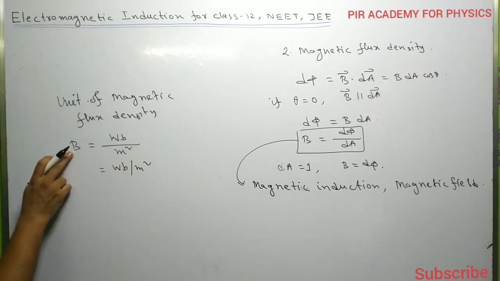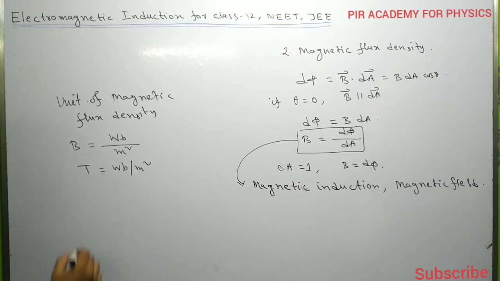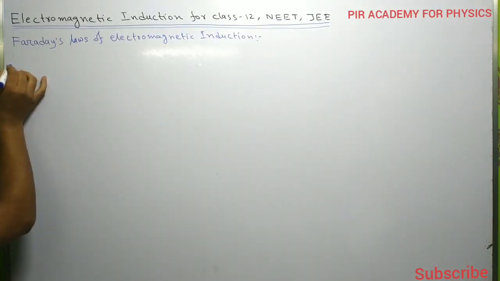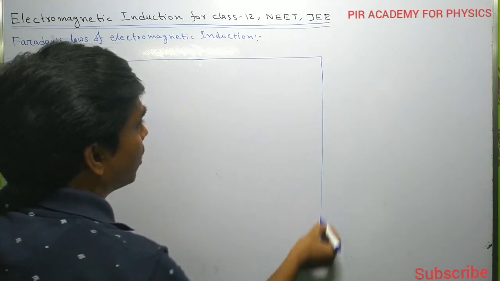Here the unit of magnetic field is Tesla, so Tesla equals Weber per meter square. This is the relation.